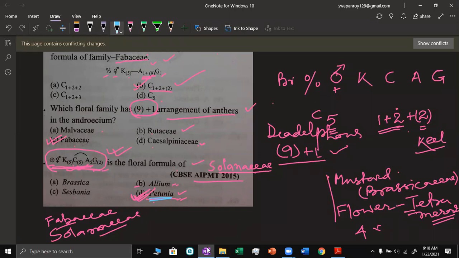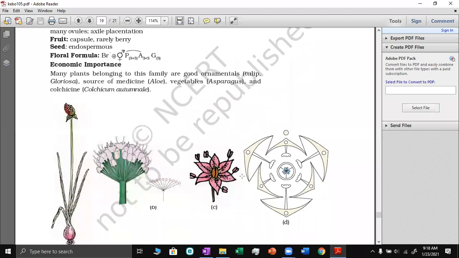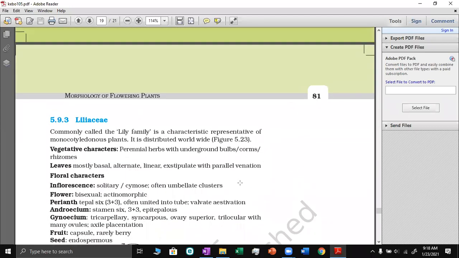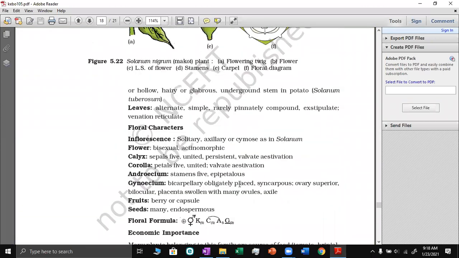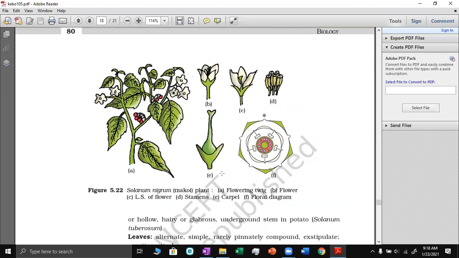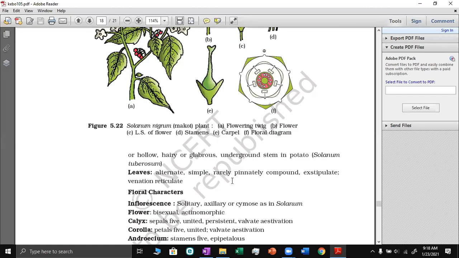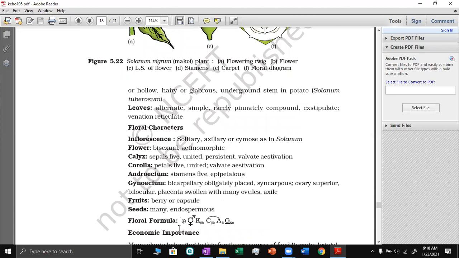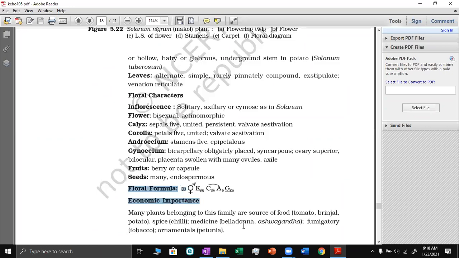Here you can see this is the Solanaceae family, and this is the floral formula of Solanaceae. Petunia is a garden flower, an ornamental.